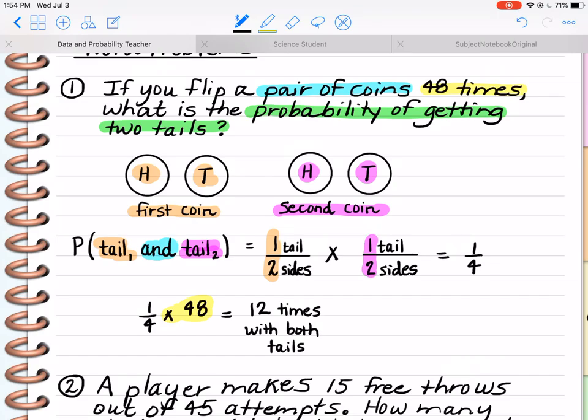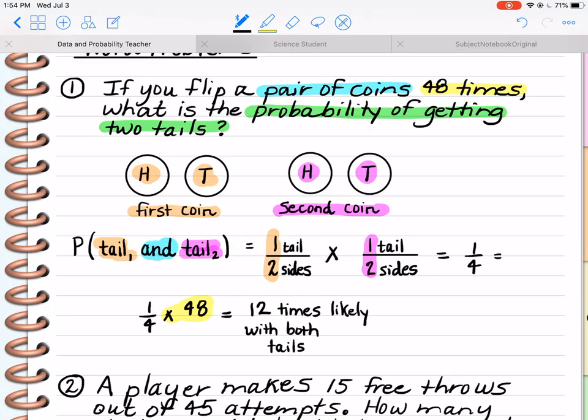The probability is the 1/4. So if they want you to actually tell them the probability, the P, that is 1/4. If they want you to tell them the number of times that this would likely happen, we can't say for certain, but we can say likely, it would be 12 times.